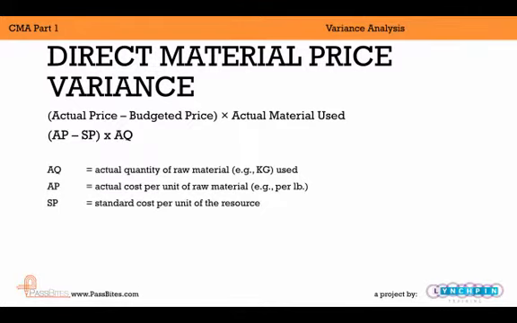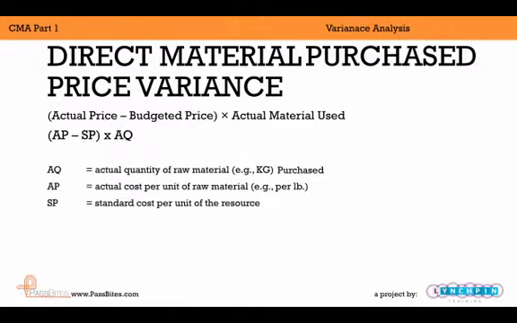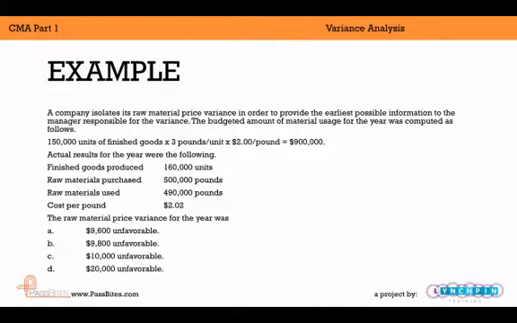Now, sometime examiner will ask you for direct material purchase price variance. In that case, purchase price variance takes actual quantity purchased. If the question will ask you simply for direct material price variance, you will use the actual quantity used in the similar formula. Let's do a question to calculate price variance and purchase price variance.